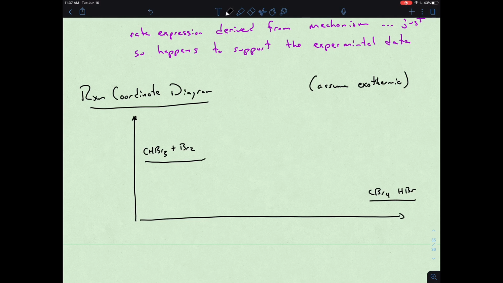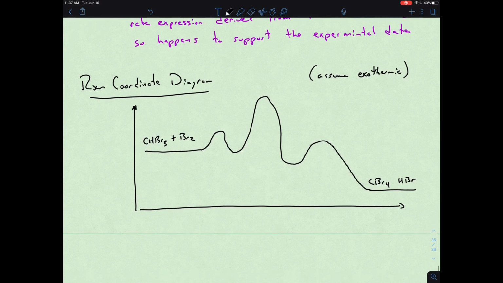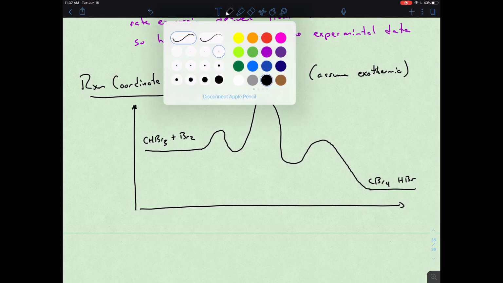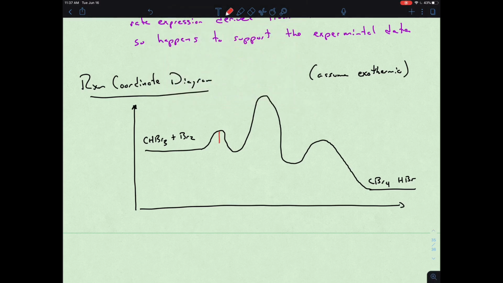And so in this case, we would see 3 steps, maybe something that looks like this, where now we have basically 3 transition states because we have 3 activation energies.